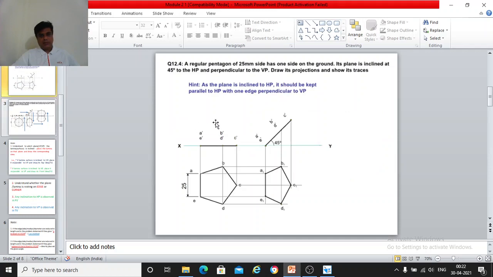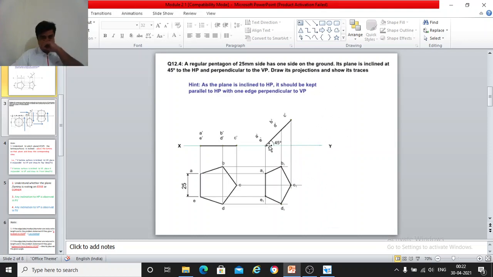So here I told you, so here the problem is, the statement is almost same as the previous problems. Only thing is that, so here the shape of the plane is pentagon. So we draw the pentagon with edge resting on HP and the surface is inclined 45 degree. So one more condition will be given that you can draw here.